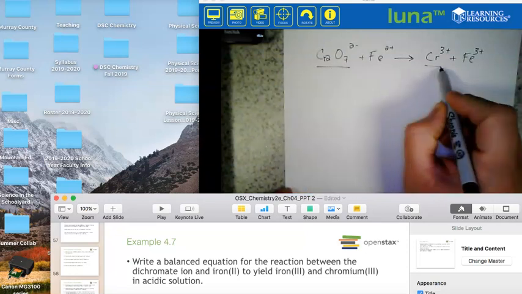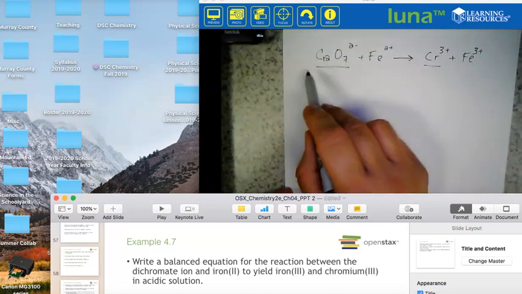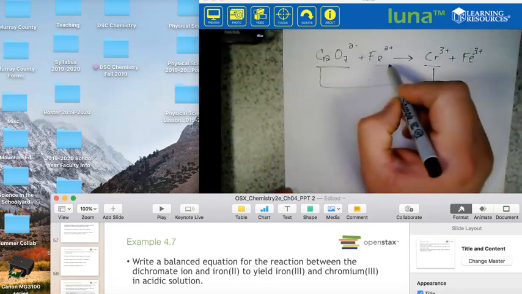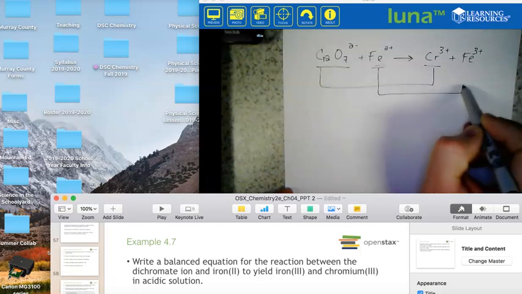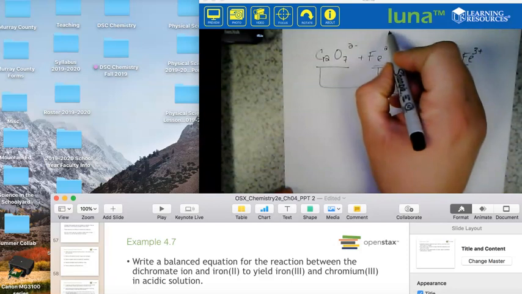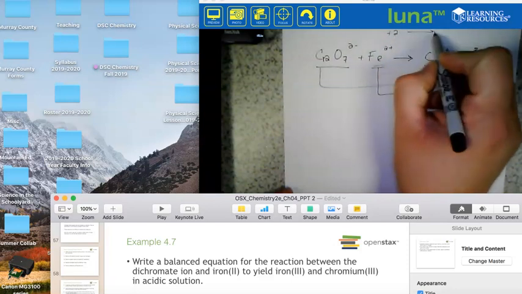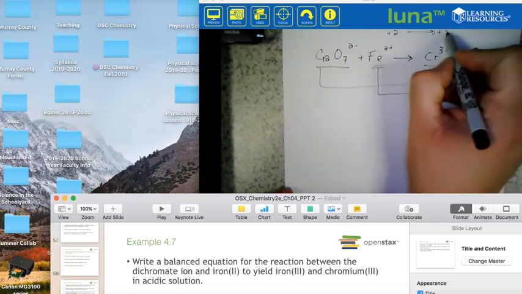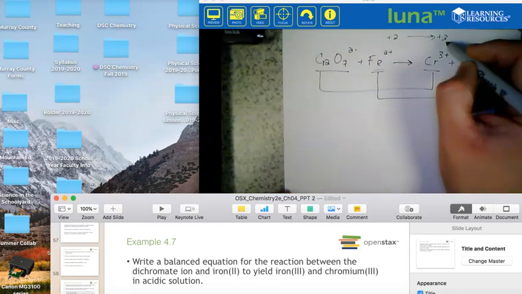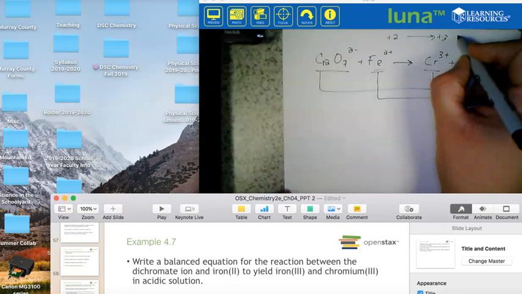We have chromium here and oxygen, then chromium. So I'm looking for the oxidation number of chromium to see if it changes. And then we have iron here and iron there. So again, I'm going to look for any changes in oxidation number for iron. Well, it's pretty obvious here. Iron went from +2 to +3. So it went up in oxidation number, which means it was oxidized.